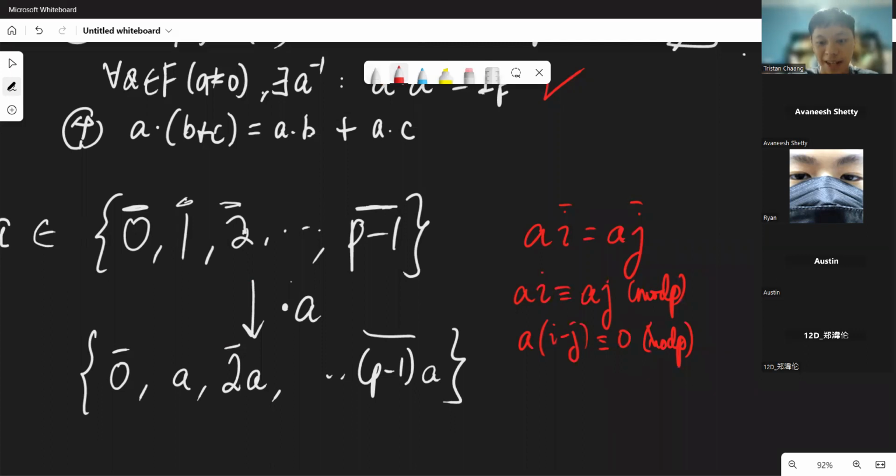So we can say i minus j must be 0 mod p. It's from the usual properties of integers. And hence i is congruent to j mod p. Or indeed, I can say the mod p element i and the mod p element j are the same in the first place. So that means this map is injective. It permutes the elements. That means one of the elements here is 1. We don't know where it is, but it's somewhere in there. And hence A multiplied by some number is equal to 1.